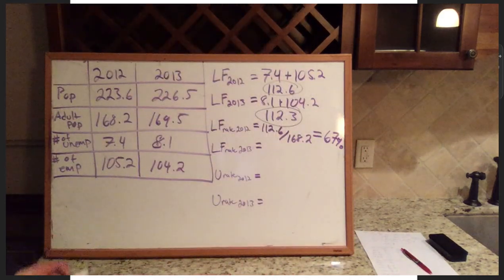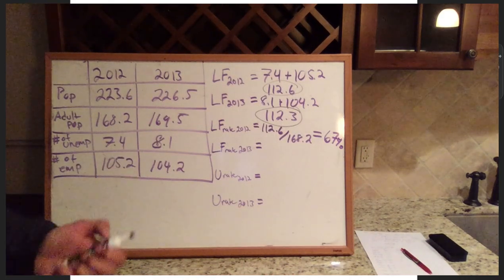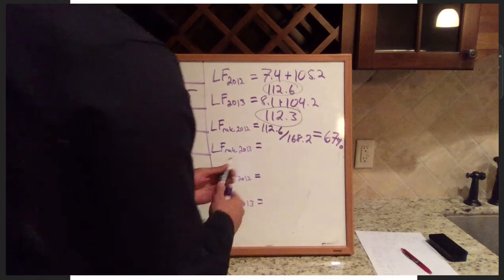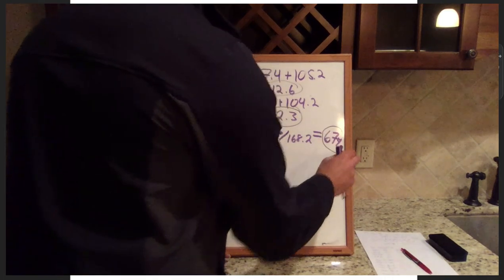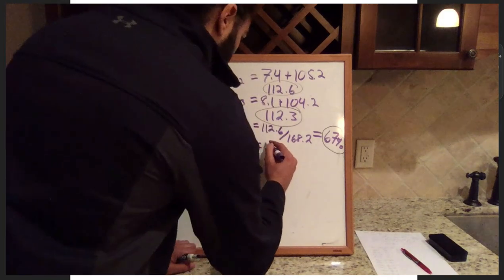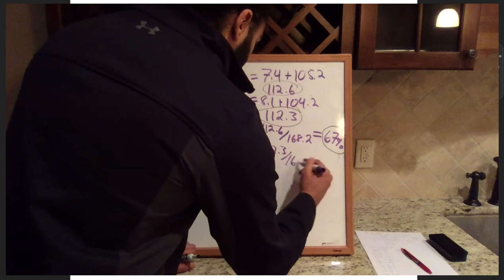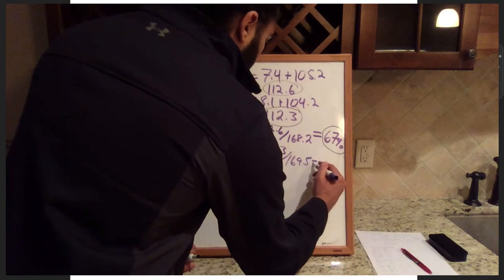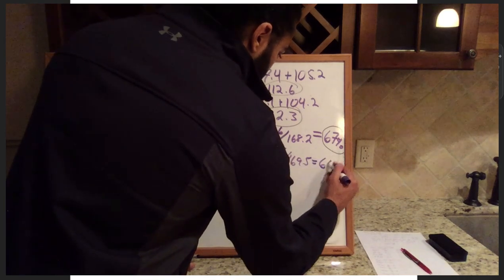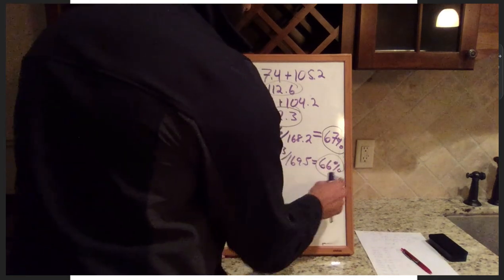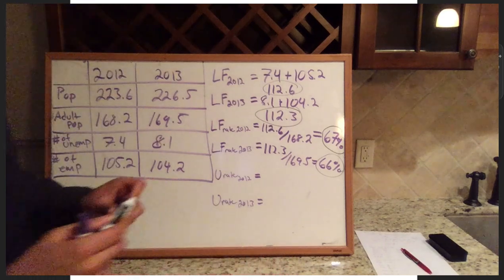It comes out to be 66.9. I just rounded it up to 67. Now you're going to do the same for 2013. So it's 112.3 divided by 169.5. And what you get is roughly 66%. Again, the actual value is 66.3.